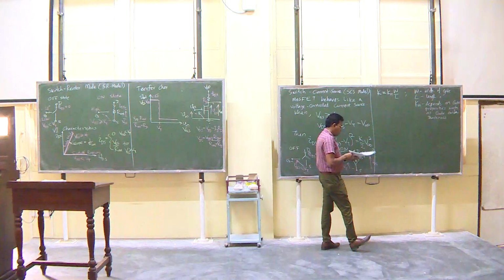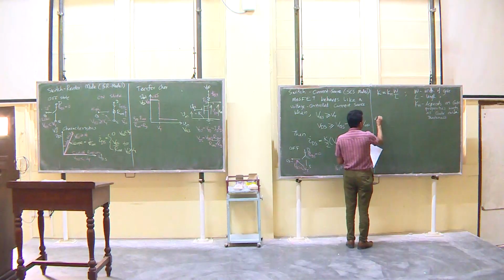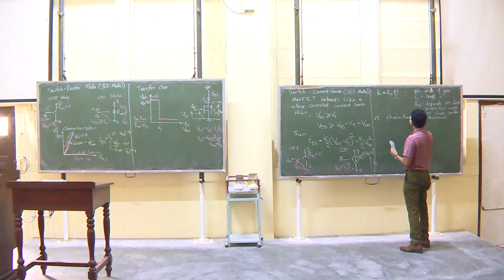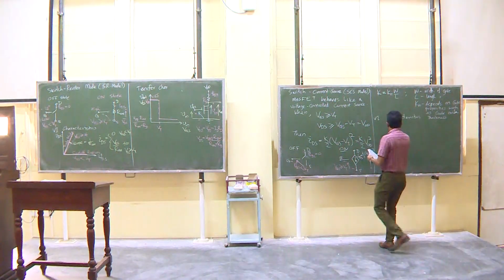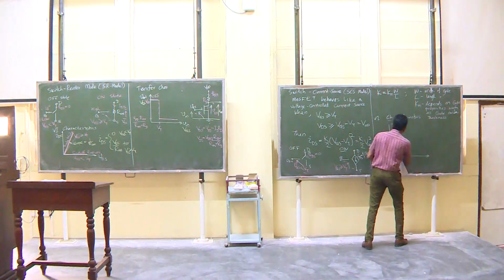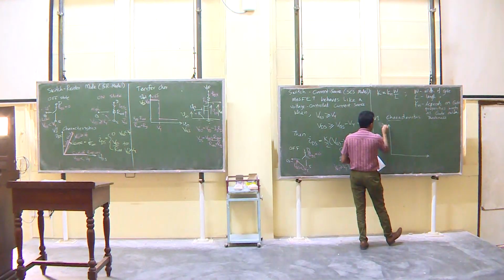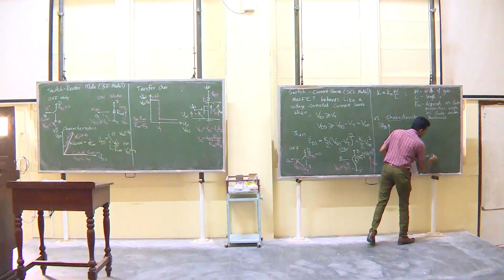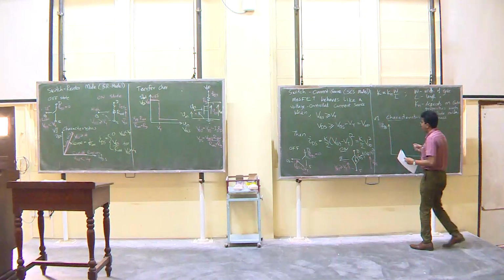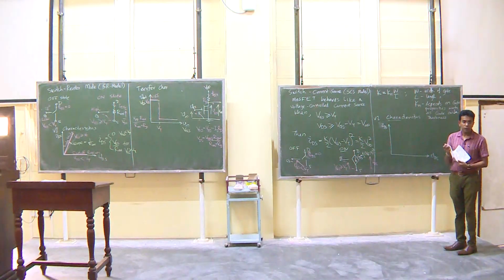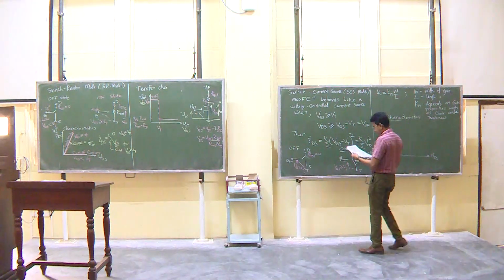And now, if you draw the VI characteristics for this particular model, you have IDS and VDS. Obviously, the cutoff is the same, it does not change.